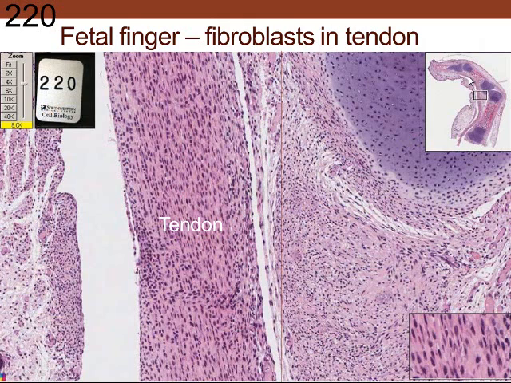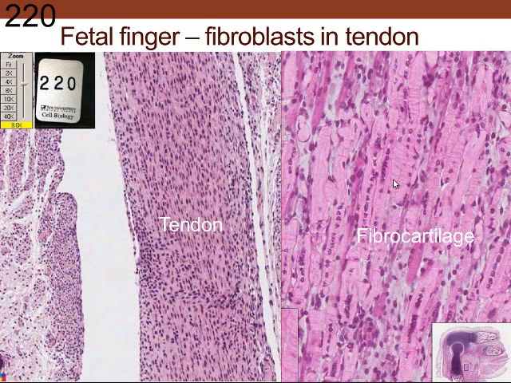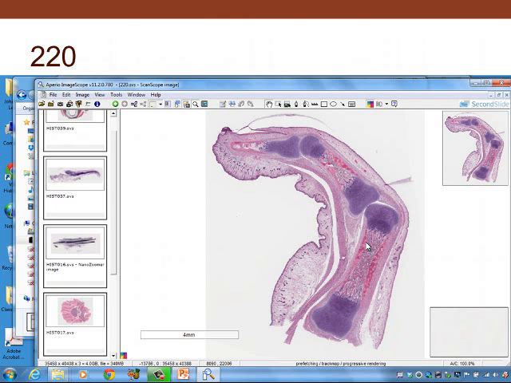You can see that long tendon coming down right in through there, and it's dense regular connective tissue with fibroblasts. But fibrocartilage is different in that each cell is in its own lacunae. And since the type 1 collagen surrounds the type 2 collagen produced by these chondrocytes, you don't have a perichondrium. So you don't have a perichondrium because it's already surrounded by type 1 collagen.